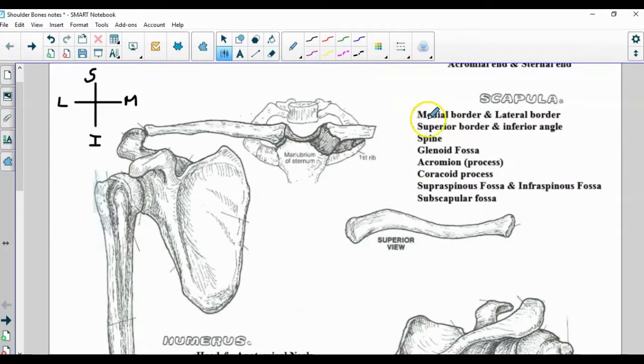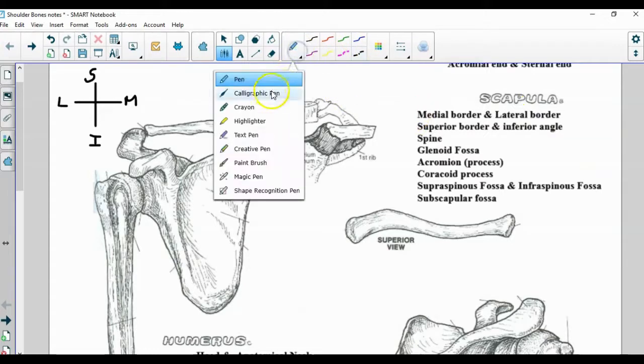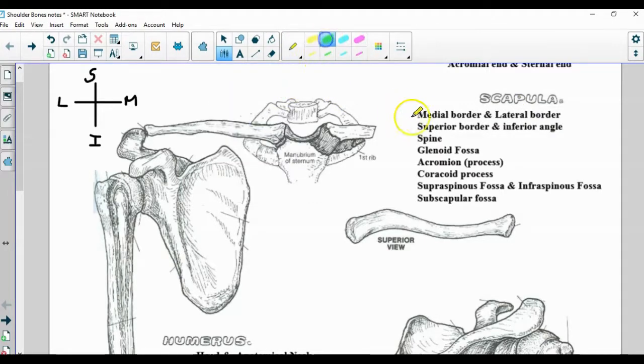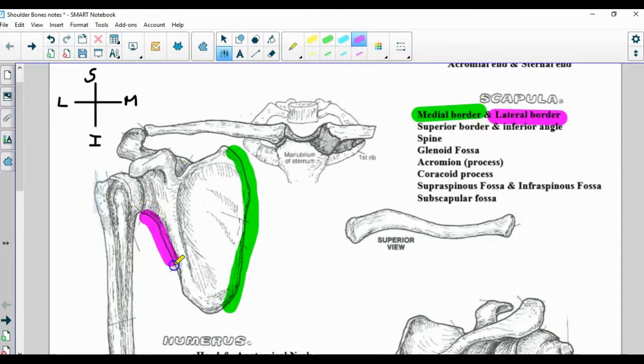Two of the first things that are listed in your word bank over here, medial border and lateral border, should be relatively self-explanatory. It's the edges of the scapula that are medial versus lateral. And I'm going to give you the alternative names for those as well.